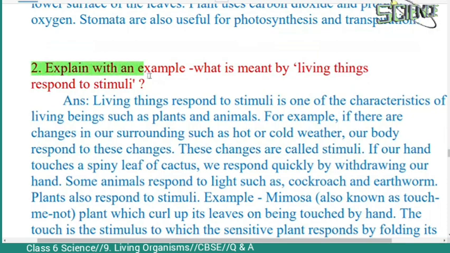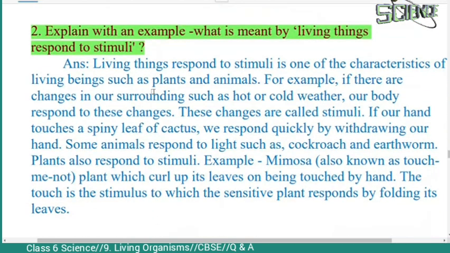Second question, explain with an example what is meant by living things respond to stimuli. Living things respond to stimuli is one of the characteristics of living things such as plants and animals.